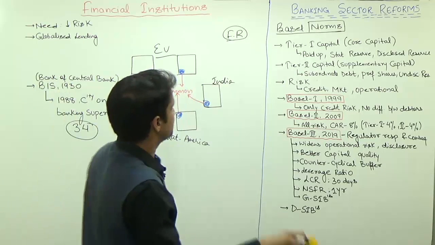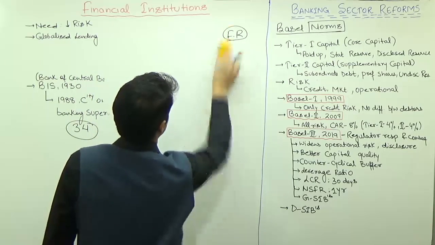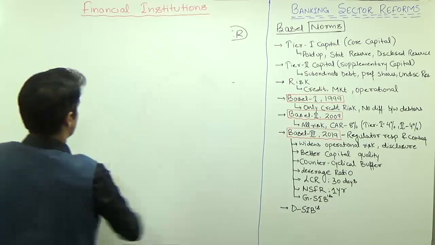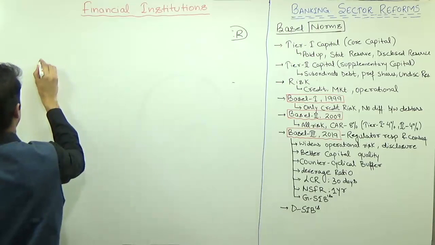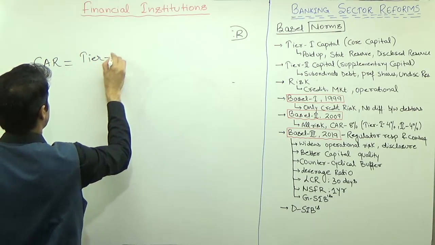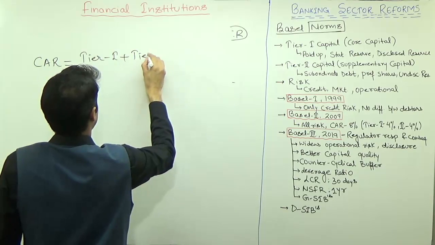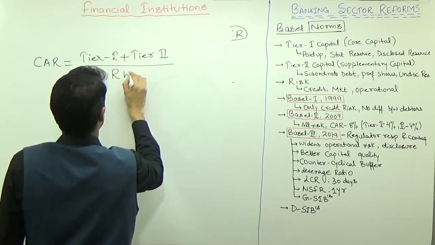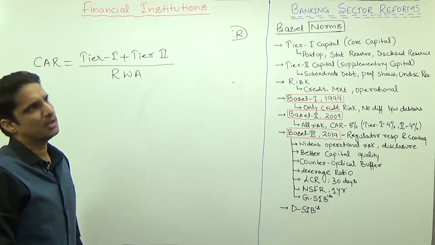Then we will discuss tier 1 capital, tier 2 capital, the different tiers that we have. In the capital adequacy ratio, the definition of CAR is tier 1 capital, also known as core capital, plus tier 2 capital, also known as supplementary capital, upon risk weighted assets. This we discussed in the previous lectures.